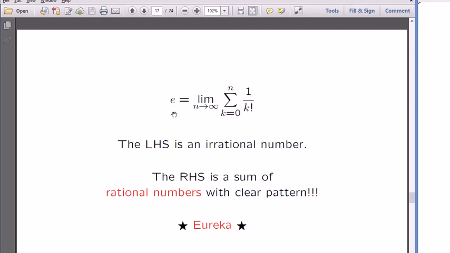So here's the left-hand side, a very well-known irrational number, right? Why is an irrational number called irrational? Because if you look at the decimal digits, there is no repeating block of patterns. But on the right-hand side, 1 over k factorial, these individual things are very simple numbers, and there's a clear pattern revealed in unfolding this number.